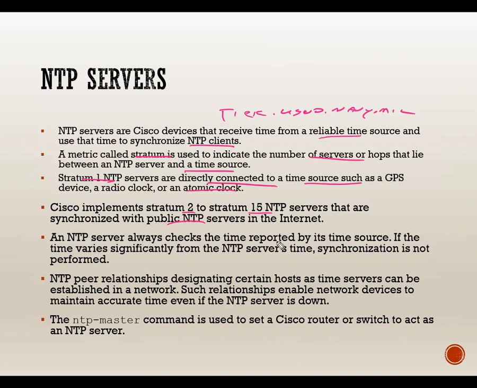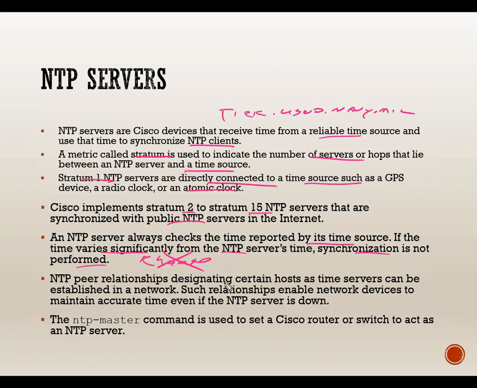An NTP server always checks the time reported by its time source. If it varies significantly, and they don't define what significantly is, from the NTP server's time, synchronization is not performed. It does not change its time if it's too far out, because it just assumes that either that's wrong or there's something wrong with the clock itself, with the device itself.